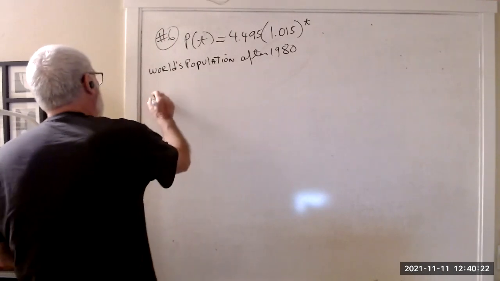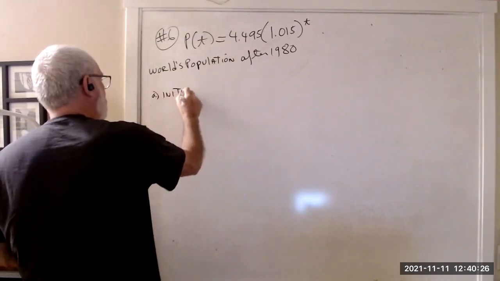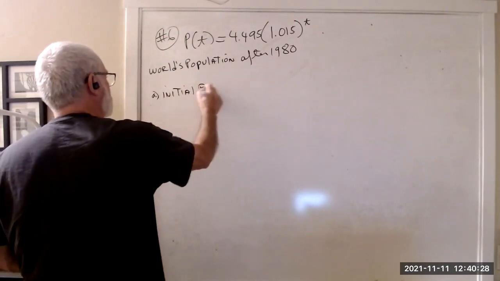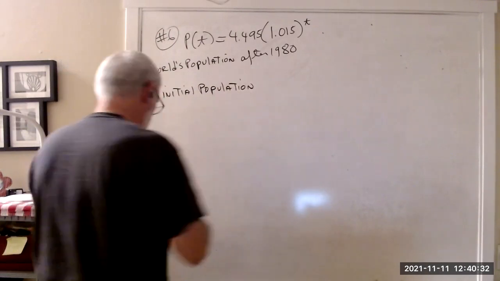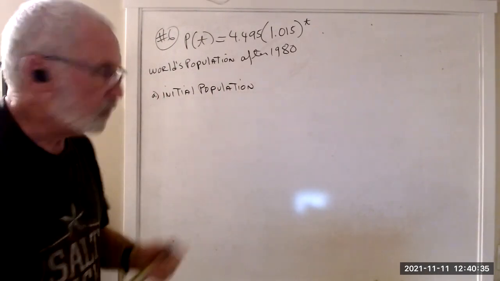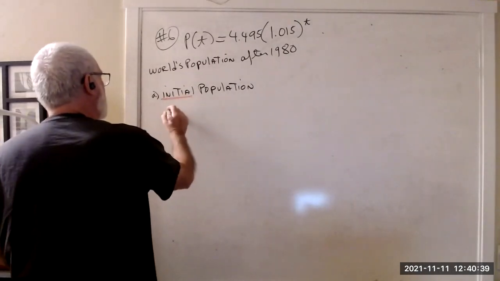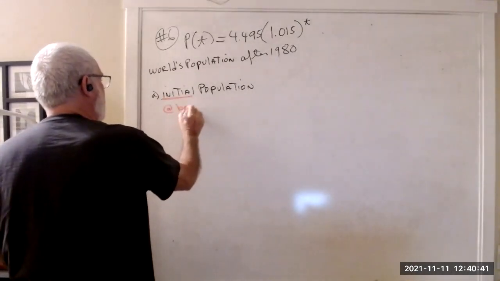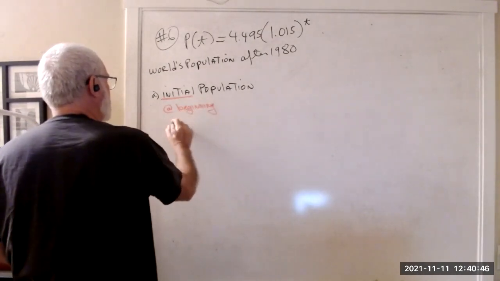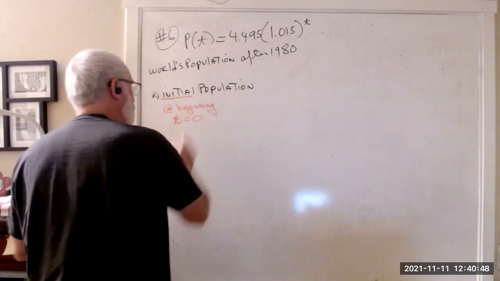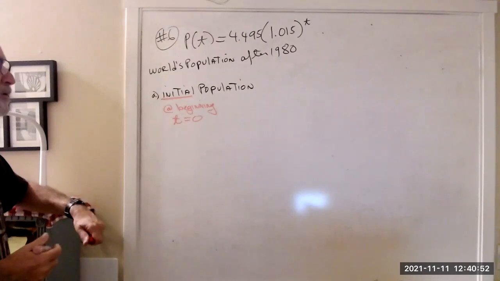Part A says, what was the initial population? Initial implies at the beginning, and that means when time is worth 0. Everything starts initially, time is worth 0.